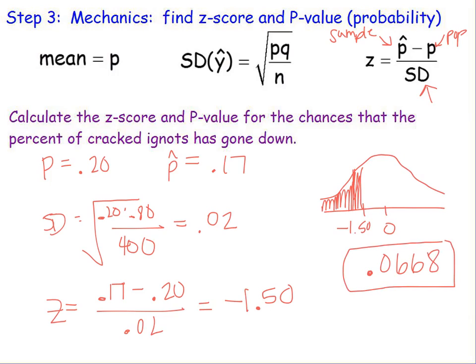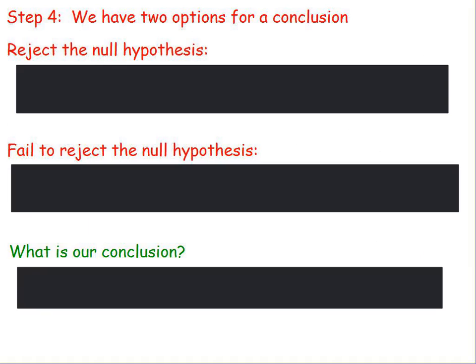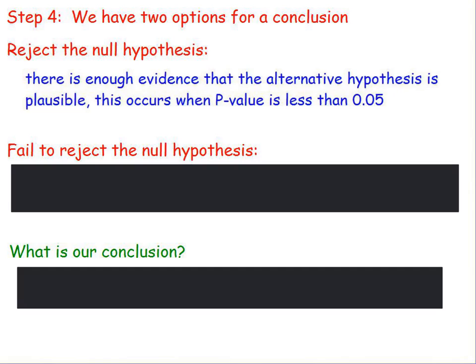So your p-value is going to now help you decide on your conclusion. So let's look at the details for the conclusion. When we make a conclusion about our hypothesis, we have two different options. We're either going to reject the original hypothesis. To reject it simply means that there is enough evidence that the alternative hypothesis is plausible. And here's the simple rule. This occurs when your p-value that you got from your blue sheet is less than 0.05.